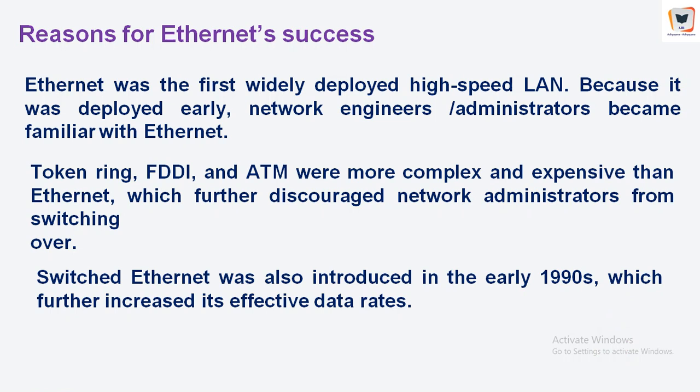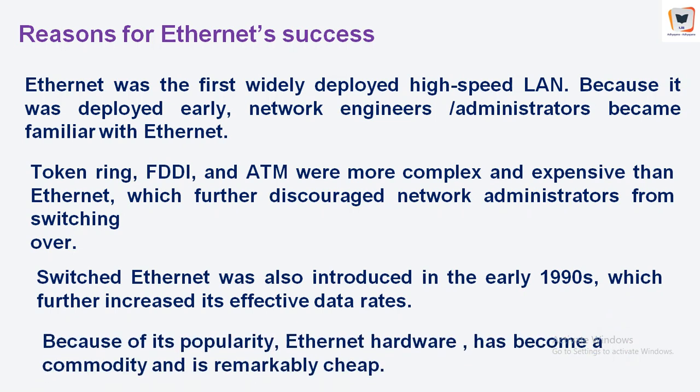Switched Ethernet was also introduced in the early 1990s, which further increased its effective data rates. Finally, because Ethernet has been so popular, Ethernet hardware, in particular adapters, hubs, and switches, has become a commodity, and is remarkably cheap.